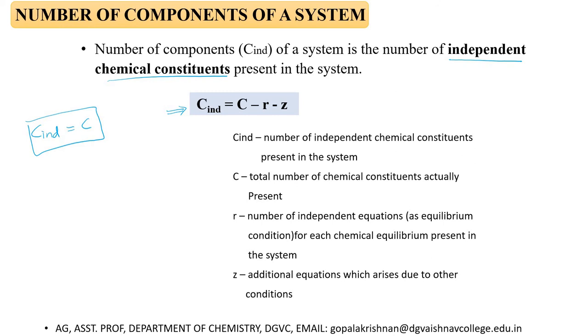What is C? C is the actual number of chemical constituents present in the system.